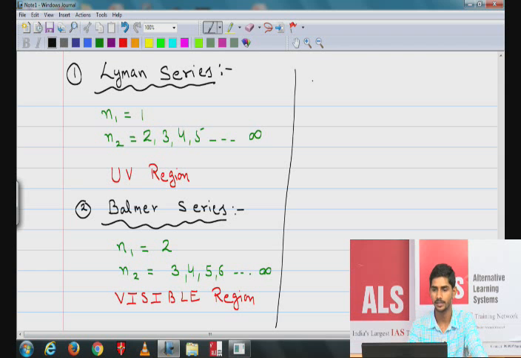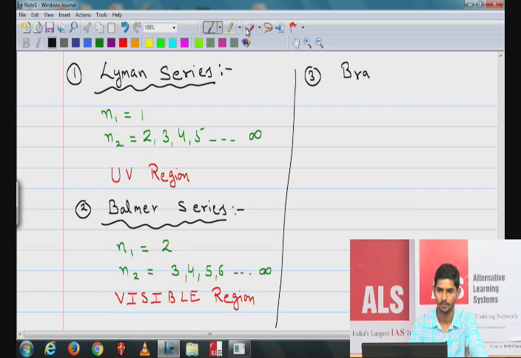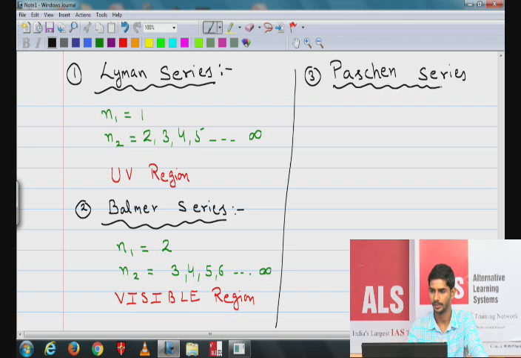Now, next is your Paschen series. Guys, you have to remember the radiations as well, in which radiations these actually belong.